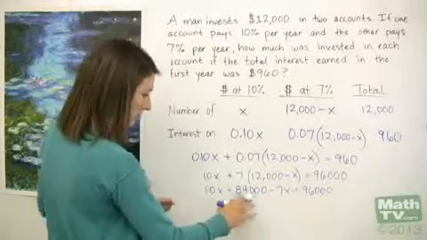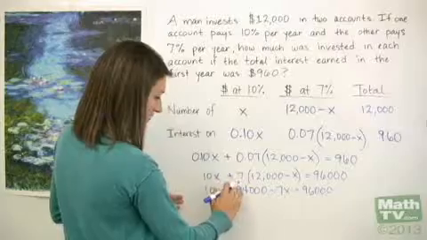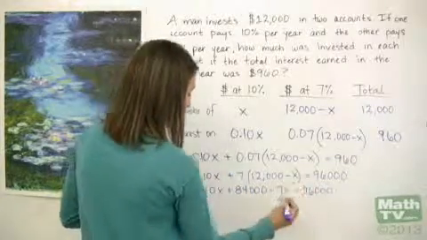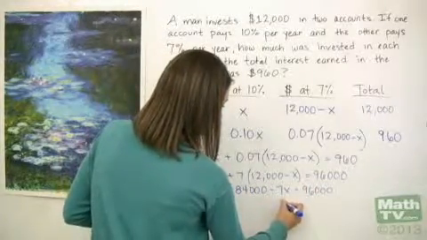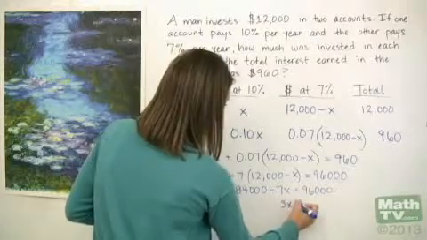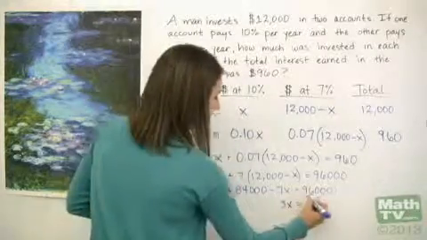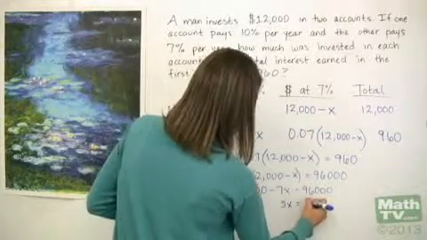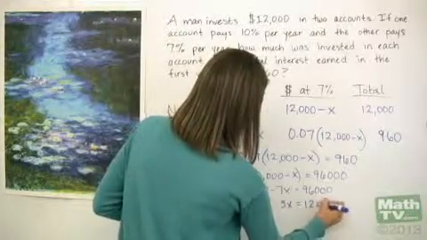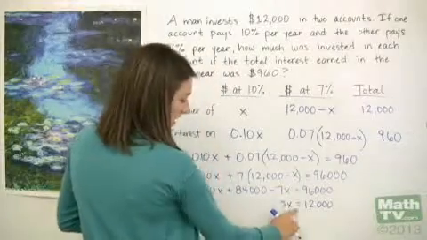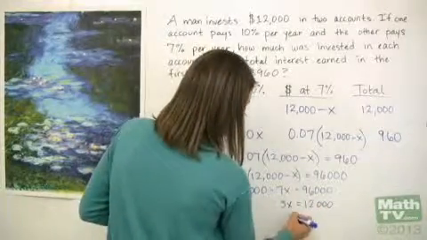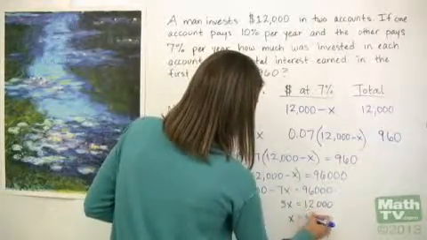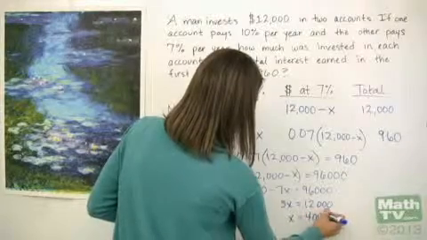And in one step, I'm also going to subtract 84,000 from each side. So that leaves us with 3x is equal to 96,000 minus 84,000, which leaves 12,000. So then divide both sides by 3, and we're left with x equals $4,000.